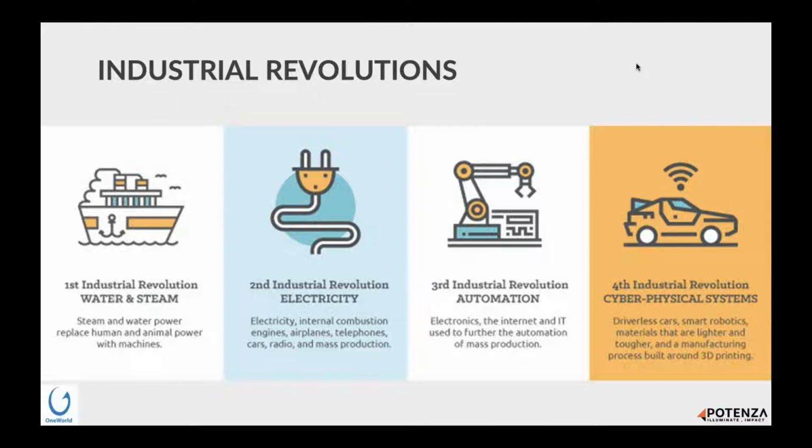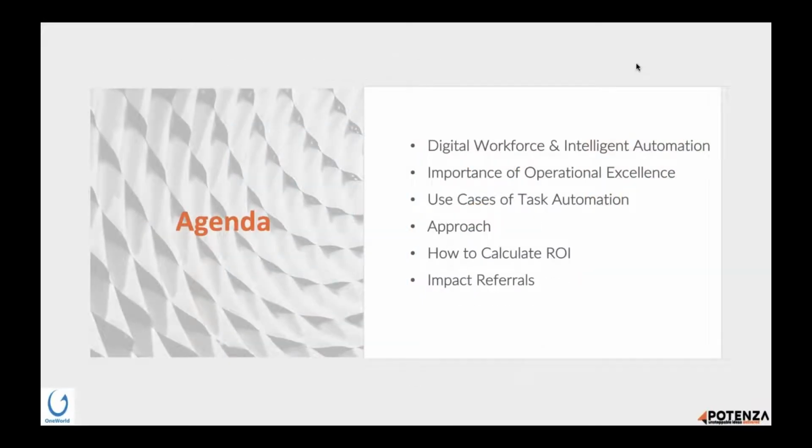So today, what we're going to focus on is predominantly software robotics and its application in our businesses and operations. I hope it's very clear. What we talk about today is relevant to the current industrial revolution, and it's very important for us to tap into some of these technologies faster. So I'll quickly jump into the slides.